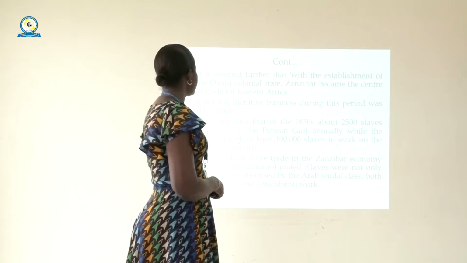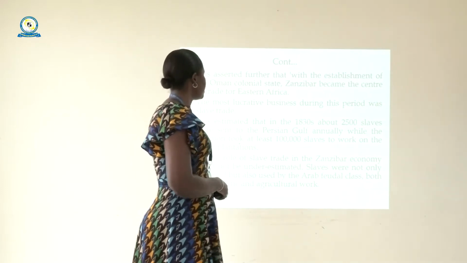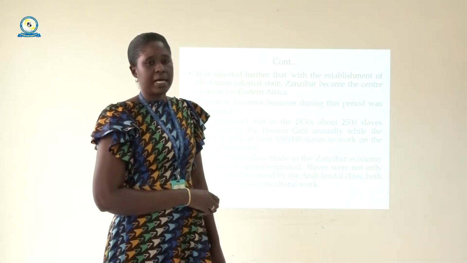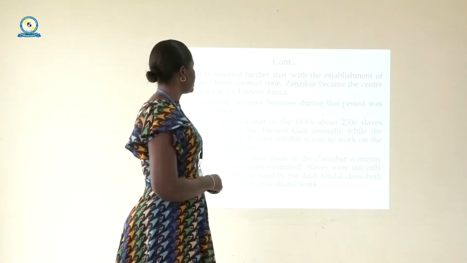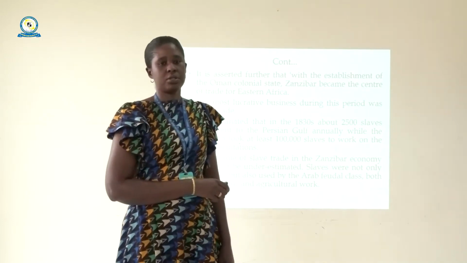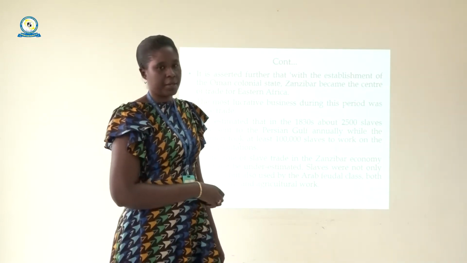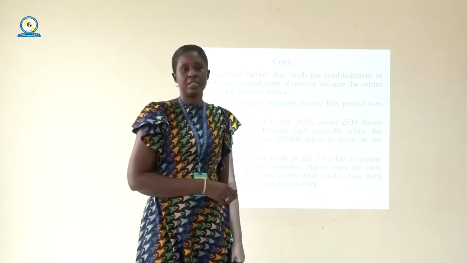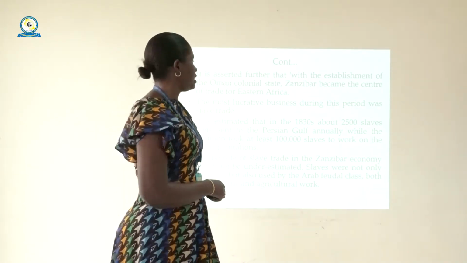It is said further that with the establishment of the Omani colonial state in Zanzibar, Zanzibar became the center of trade for Eastern Africa. And the most common trade during this period was the slave trade.